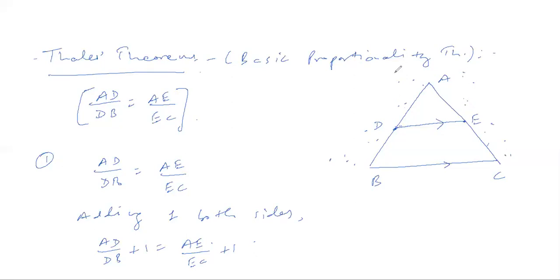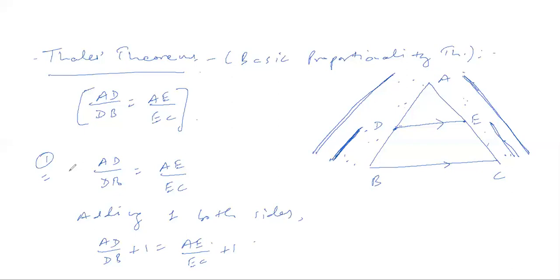Whatever we do on this side, the same thing will be done on the other side also. If you're taking the whole side AB, then on this side we'll have to take AC upon, and if you're taking the part DB, we'll have to write EC. Now this was the first corollary.